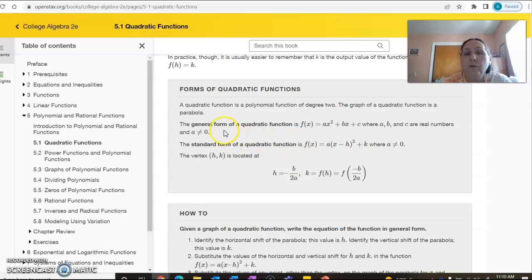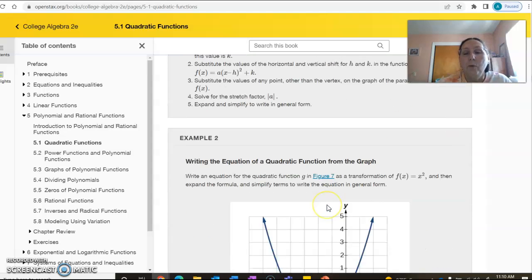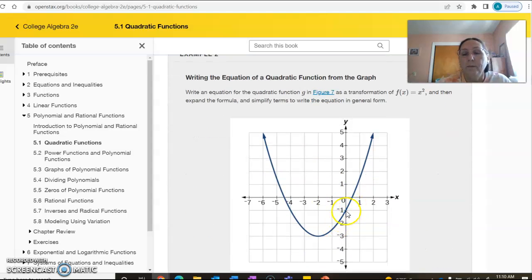They wanted it in general form. So all we did was FOIL our x minus h, multiply it by our a, and then add our k to get our final answer. So that's how you're going to find your general form when you have a vertex and a point on the graph. Okay.